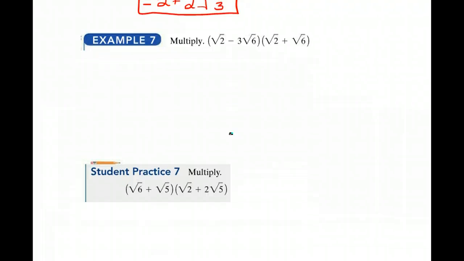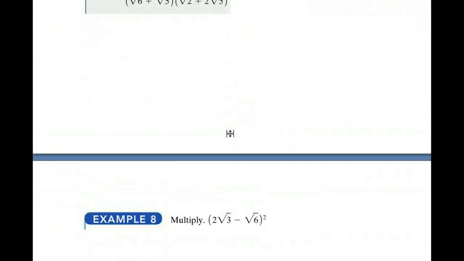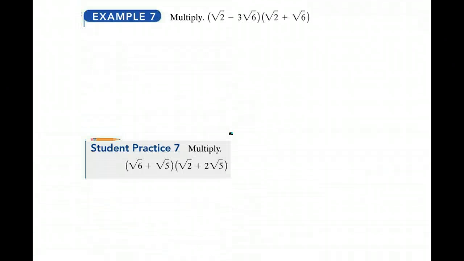Okay. 2 more examples for this section. Let's do, I'm sorry, we have more than 2. Let's do example 7 together, and then you can do student practice 7 on your own. We're going to continue with our foiling. We have root 2 times root 2, which gives us 2.